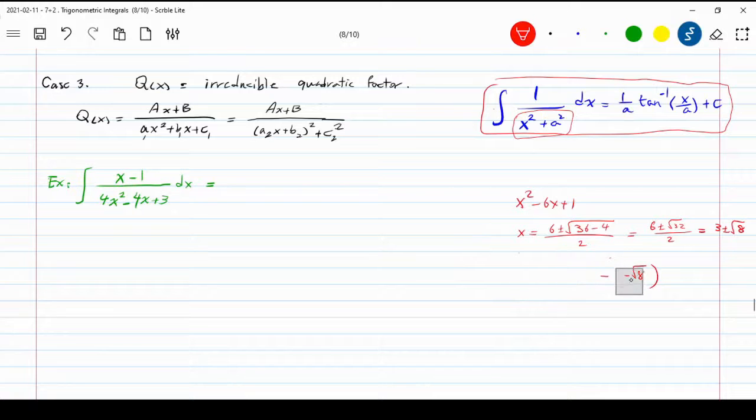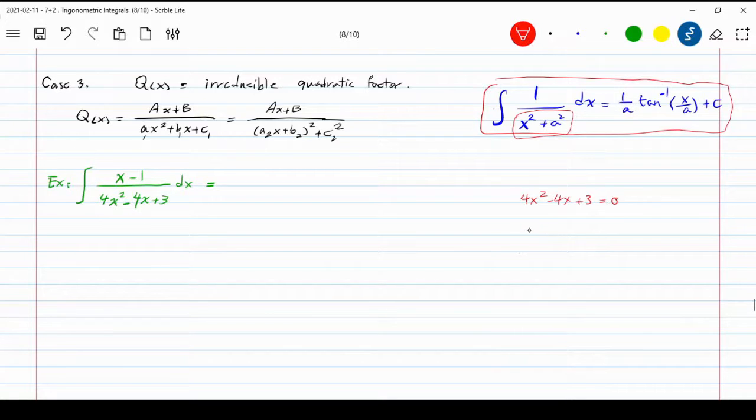Okay, so the only case when you know that there is no way to factor it is if you do the quadratic formula and you end up with no solution or complex solutions. So if you look at this denominator, 4x squared minus 4x plus 3, set it equal to 0, and say, okay, what is the solution? x must be minus b, which is 4, plus or minus the square root of b squared, 16, minus 4 times 4 times 3, so it would be something like 48, divided by 2a, which is 8.